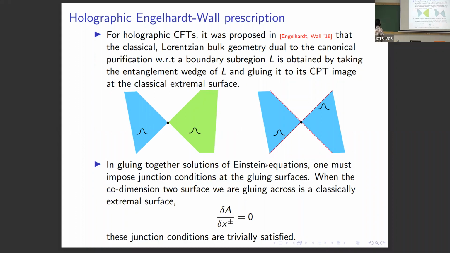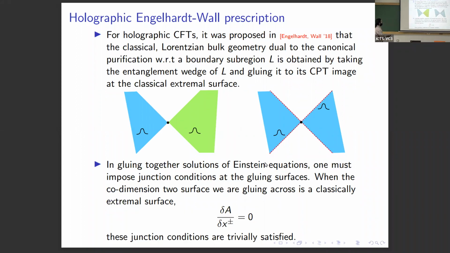Now it turns out that for the junction conditions to be satisfied, if the surface that you're gluing across is classically extremal, then these junction conditions are trivially satisfied. Essentially the junction conditions involve the null expansions of this surface across which you're gluing.